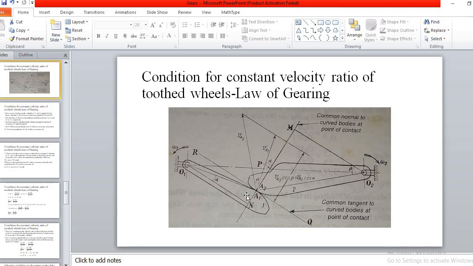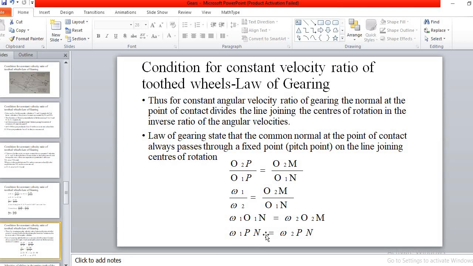So this O1N and O2M, for similar triangles, this and this, we can consider O1N and O2M. This ratio we can replace by the ratio of this length, PN.